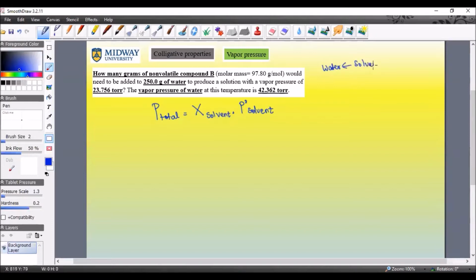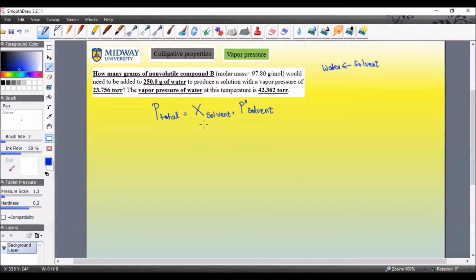So it's really ideal if you can do the mole fraction of the solvent. If you go back and watch the first problem I did and compare it to this problem, it would make more sense as to why I'm solving for the mole fraction of the solvent.